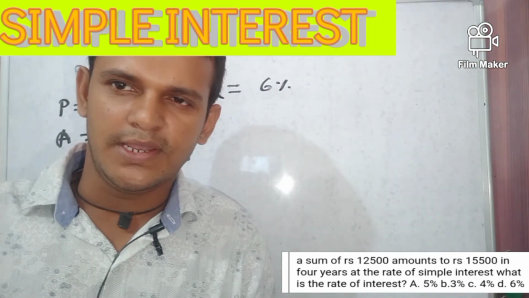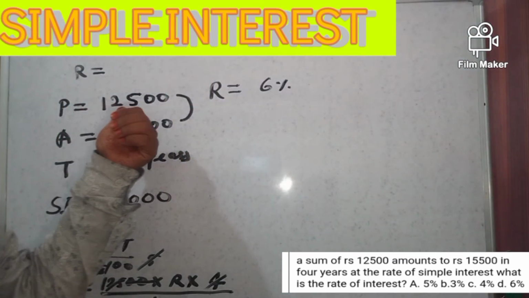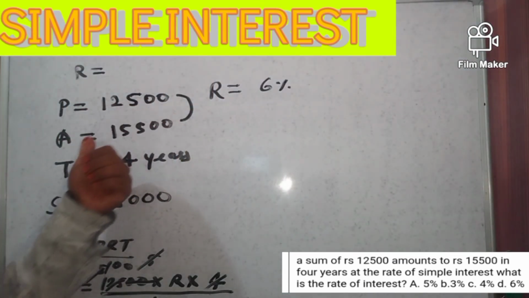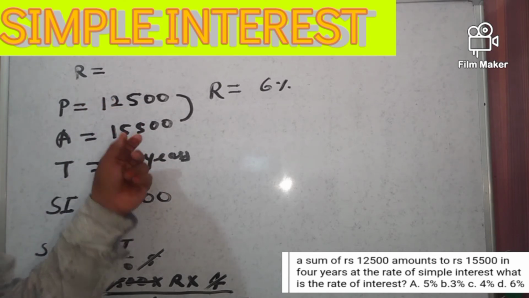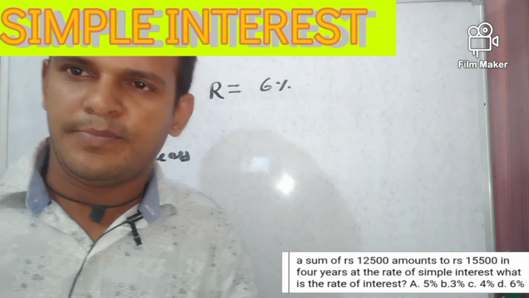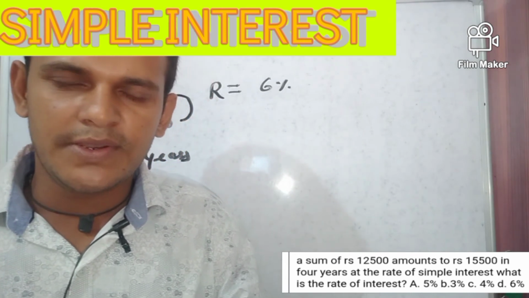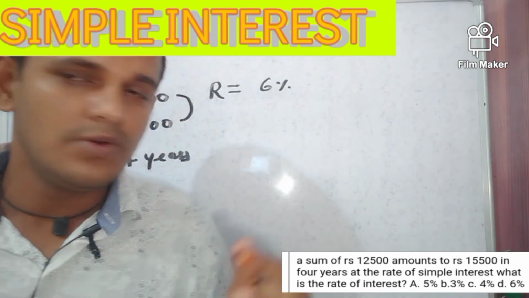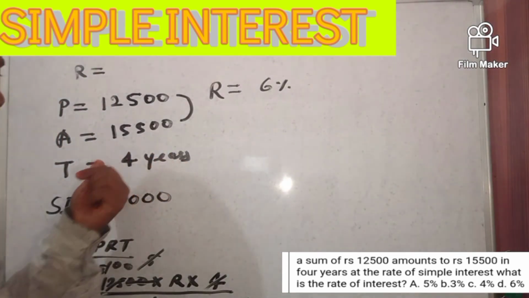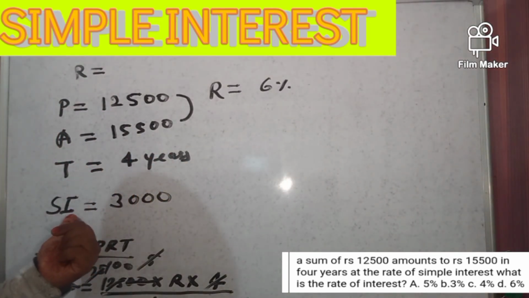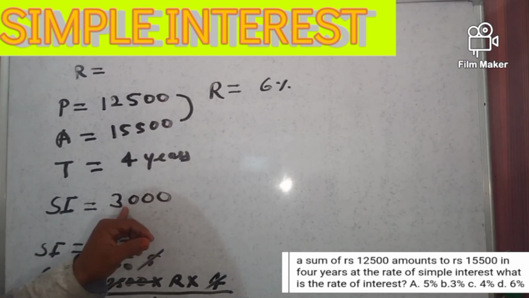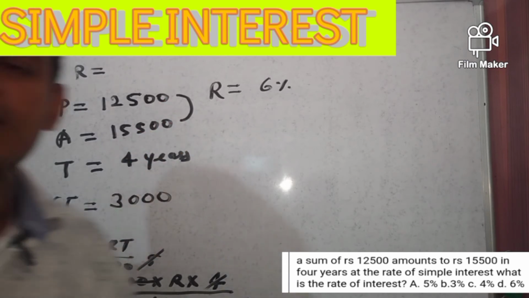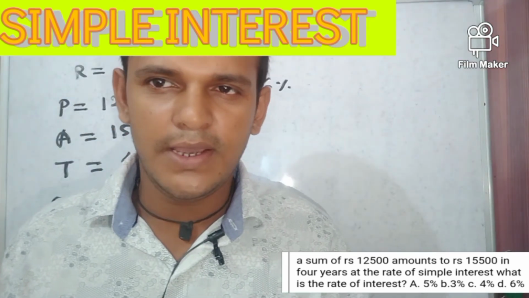Friends, see here once again. Our principal is given 12,500 and amount. This principal became 15,500. Means principal plus simple interest is equal to amount. So we can say very easily simple interest is difference is 3,000. Okay, so simple interest formula is PRT by 100.